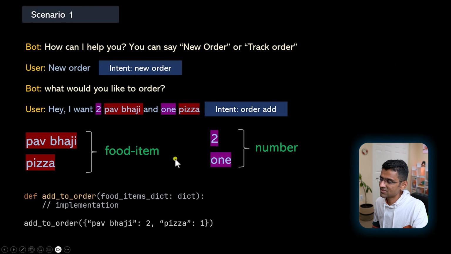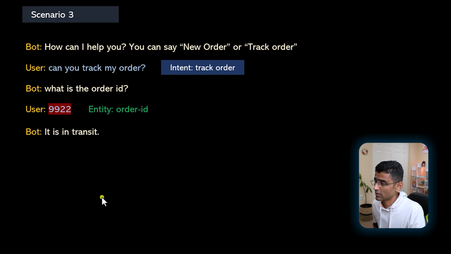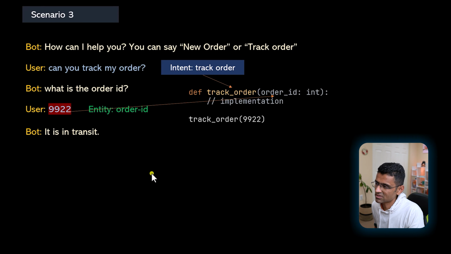Once you have these entities, you can call a Python backend function very easily. In the second use case of tracking an order, the 9922 number that you gave is an order ID entity. And then you take these two and call some Python backend function saying track order, and you give it this order ID. So you are getting a sense of this whole chatbot development process.